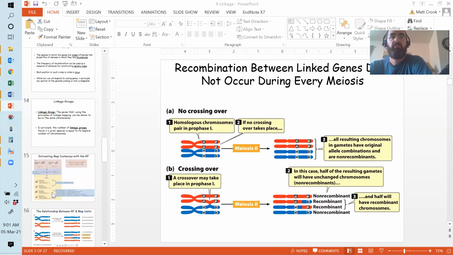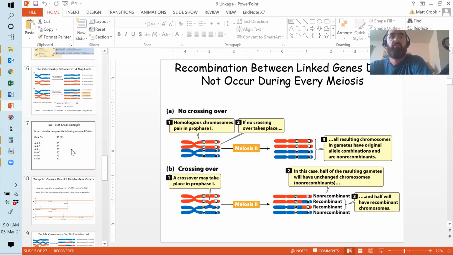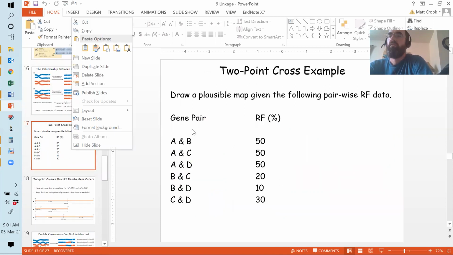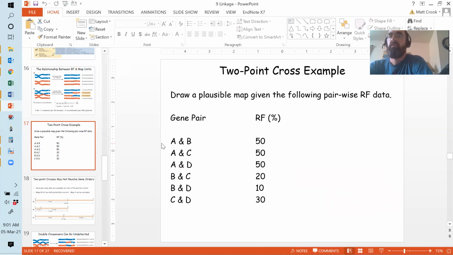So if A is so far away that it's not linked to B, and it's so far away from C, it's not linked to C, and it's not linked to D, right? So where would we put A relative to B, C, and D? Yeah, it's going to be far away, right?